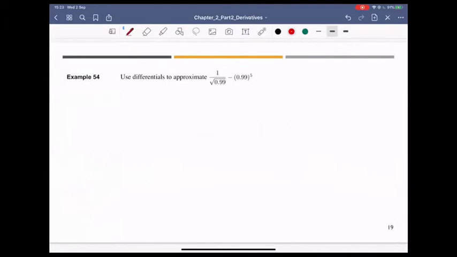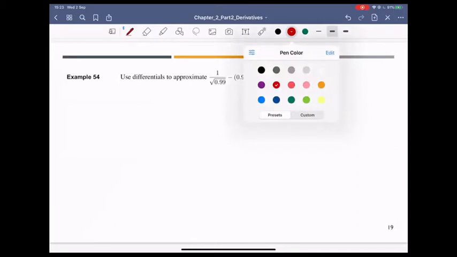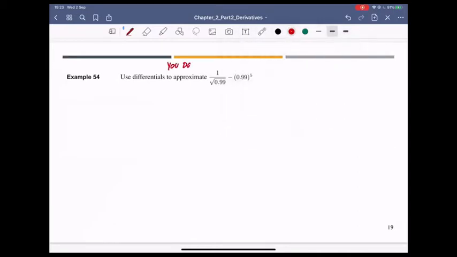So I will use differentials to approximate 1 over square root 0.99 minus 0.99 to the 5th power. Let's suppose that you do not have a calculator, so you cannot check the answer.